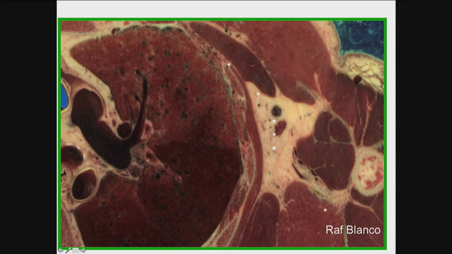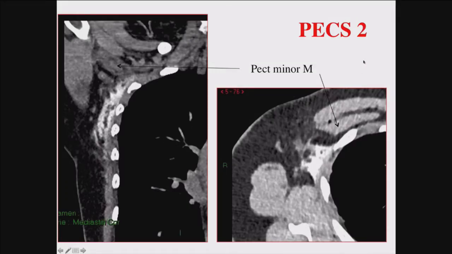So, first, Rafa described this injection, then he moved there, and actually, some of us are promoting a forward infiltration. The PEC2 is in fact a subcutaneous infiltration, should you look correctly. And this is why this block is so easy and so safe, and I will show you why.